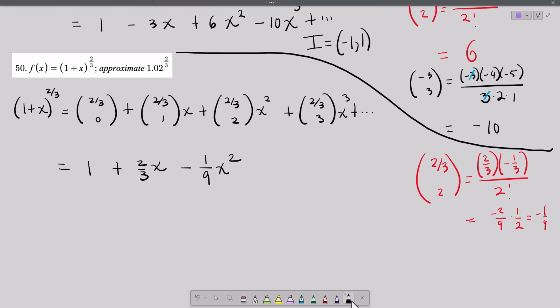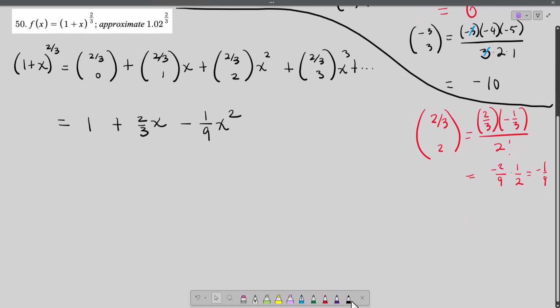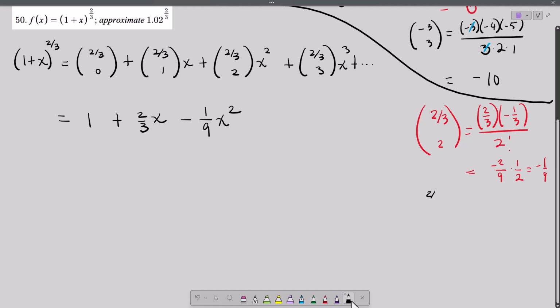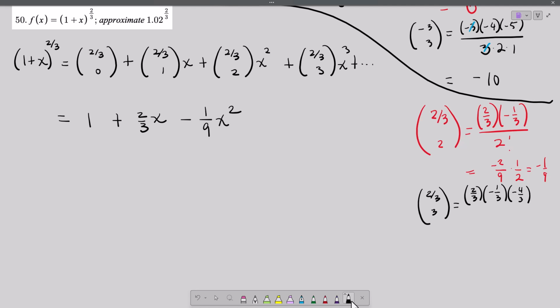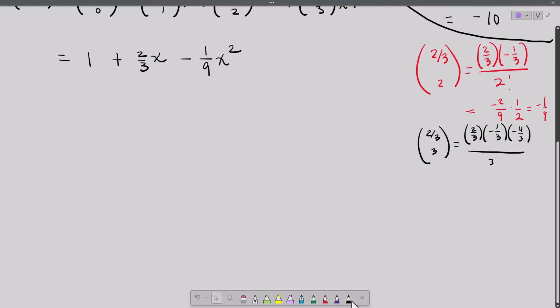Cool. So now we've got our best quadratic approximation. That's p sub 2. And then to get p sub 3, we're going to need 2/3 choose 3. So everything's going to look the same except that we have 2/3 times negative 1/3. And then we subtract 1 again. So that will give us negative 4/3 divided by 3. So whatever that simplifies to.